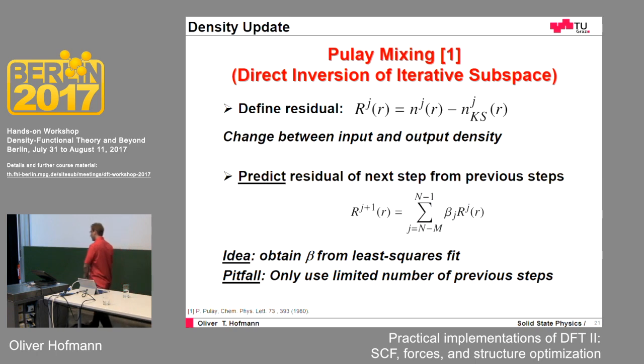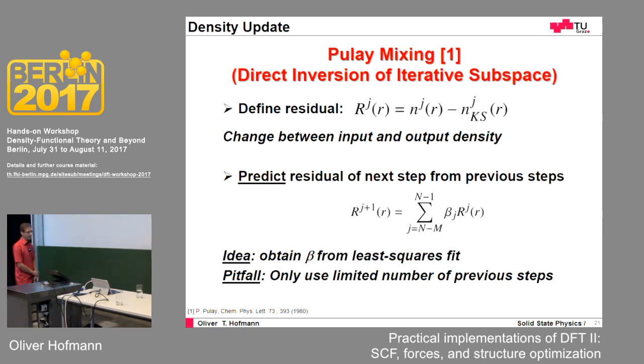There's also a different kind of mixing scheme that's called direct inversion of the iterative subspace, or Pulay mixing. The idea of Pulay mixing is a little bit different. What we do in Pulay mixing is basically we calculate what's called a residual or an error vector. So we calculate again the electron density difference between the initial and the final guess.